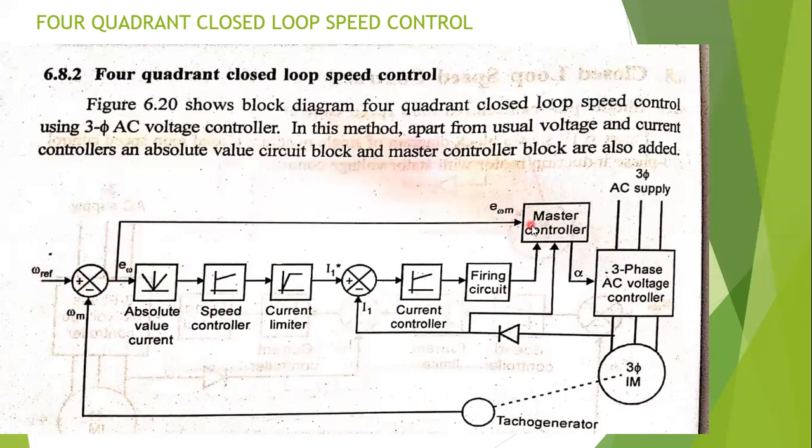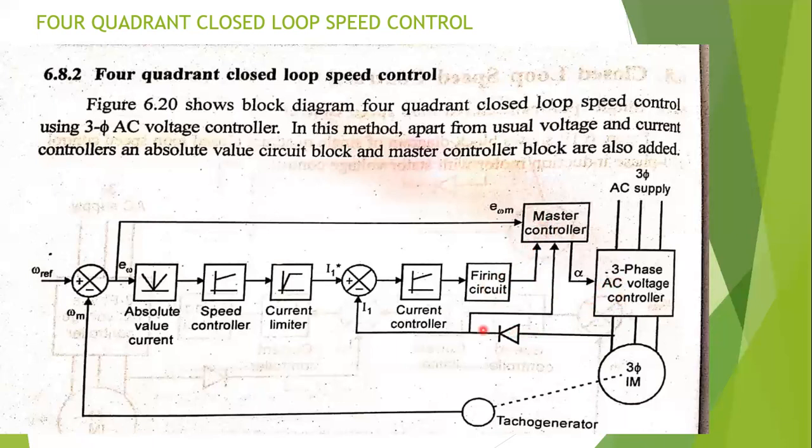So like this, the master controller also takes the output signal of the firing circuit. The master controller is taking the information from the output signal of the firing circuit, and also the stator current signal.